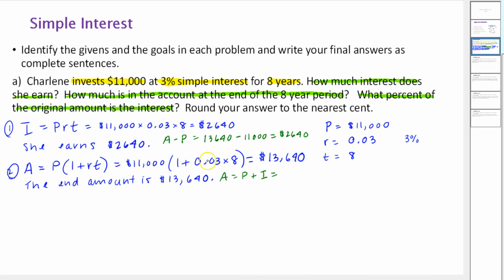So we could have taken the $11,000 and added the interest, which we had already found, and notice this gives us the same result. Okay, so you need to be proficient in using both of these formulas. The original ones we used, but if you have one piece of information, it's easier to find the other using one of these relationships. Now let's look at the last one.